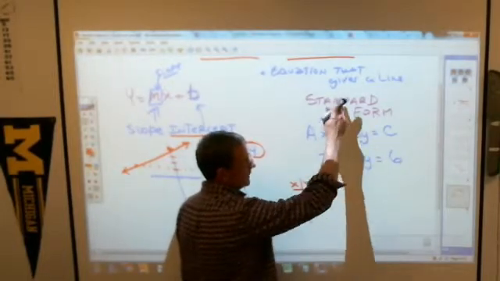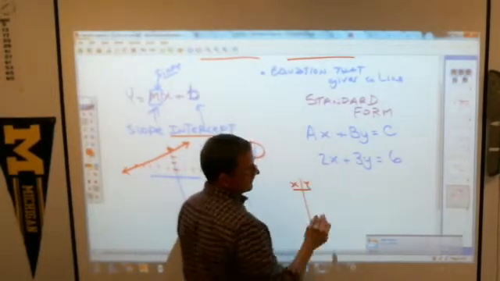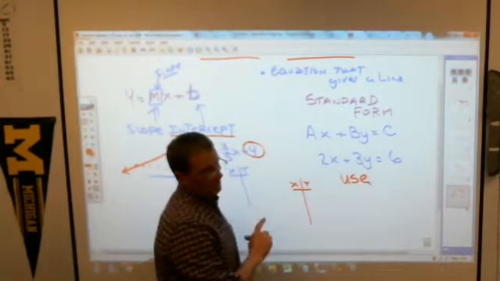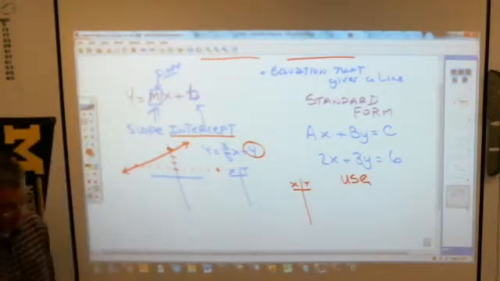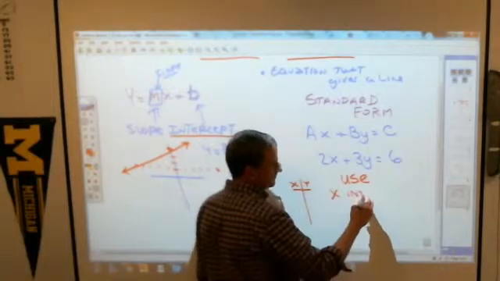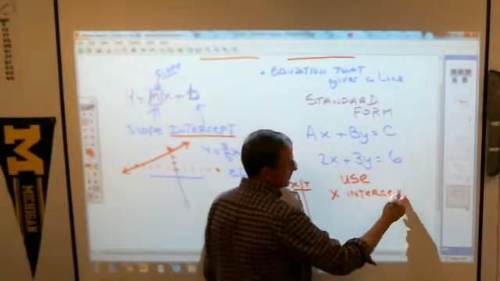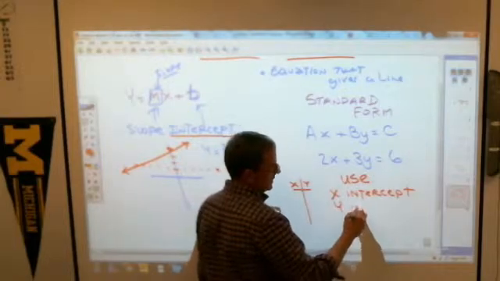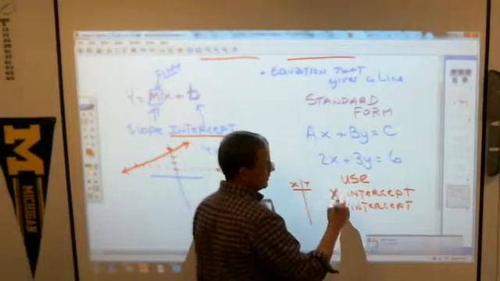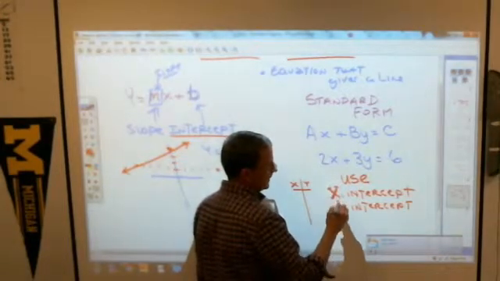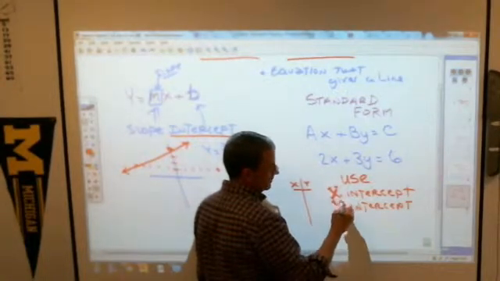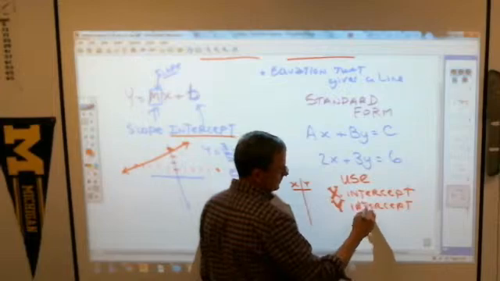When you see a linear equation in standard form, we use what we call, here's the key word for the day, John, the x-intercept and the y-intercept. These are the key words for today. We could put it together and say, let's just find the x and y intercepts rather than saying it twice.